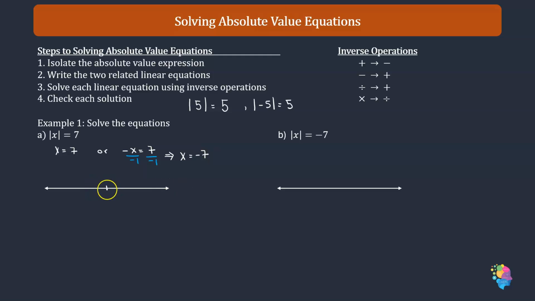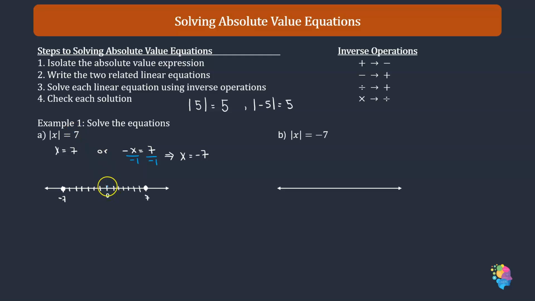Let me do a number line here. One solution is positive 7. 1, 2, 3, 4, 5, 6, 7. Right here, positive 7. And the other one is -7. So 1, 2, 3, 4, 5, 6, 7. You can also think of it like this. This equation says that the distance from x to 0 is 7 units.